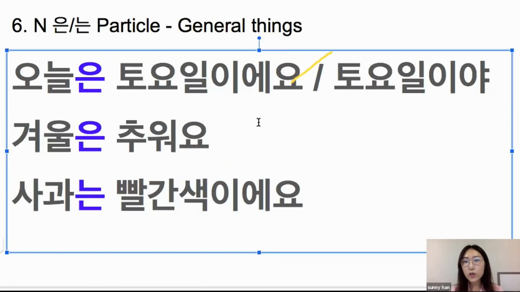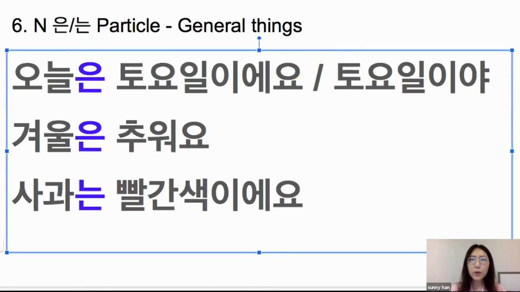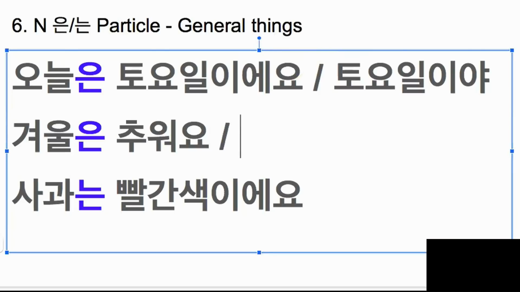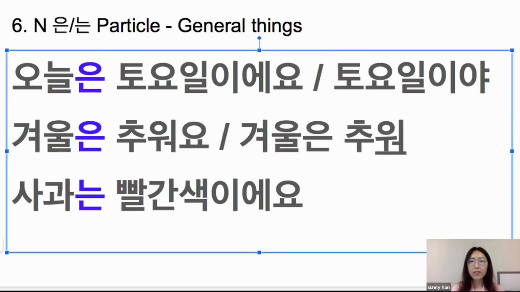겨울, winter, 추워요. Cold, right? So 겨울은 추워요. Informal way. 겨울은 추워. Right?